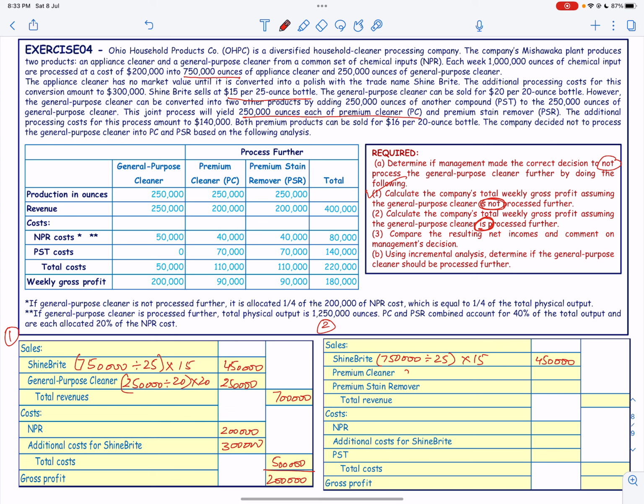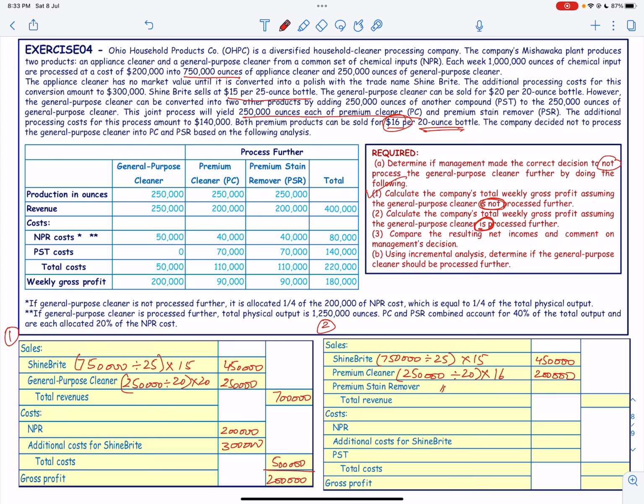So we have 250,000 ounces divided by 20 ounces per bottle to get the number of bottles, and then we multiply by the selling price per bottle, that is 16. So that makes 200,000. And it will be the same for the premium stainer as well, because they say there is no change as far as they have the same numbers.